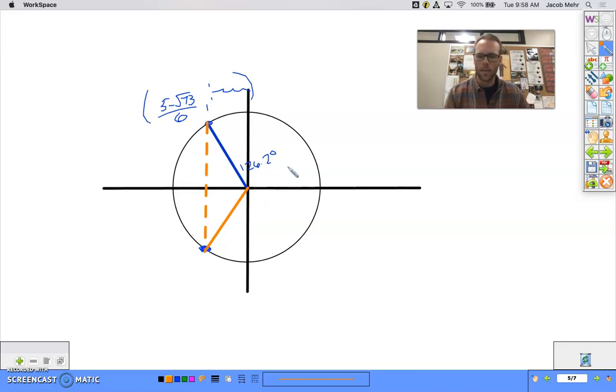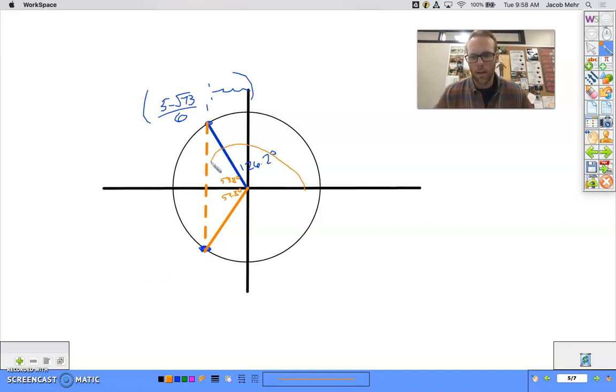Here's what we know. We know this is 126.2 degrees. Do we know what the reference angle right here is? Well, if I take 180 minus 126.2, we get 53.8. So this angle right there is 53.8. Now, with the symmetry here, this angle right there is 53.8 degrees also.